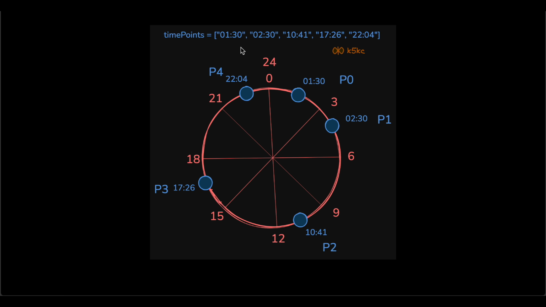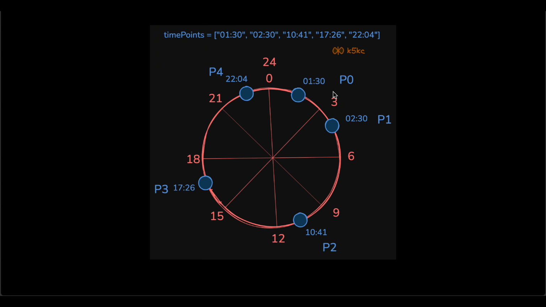So how do we calculate the time difference in minutes between the points, say point 0 and point 1, that is 01:30 and 02:30? Doing string manipulation to get the hours and minutes and then calculating a difference between them may not be very efficient. So how about we convert all these strings to the same unit, that is time in minutes.